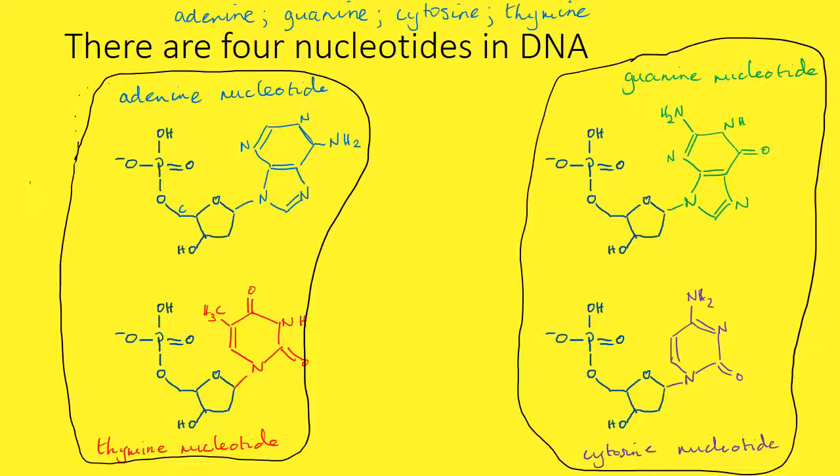But we're going to leave it like that for just now, because first of all we have to work out how they form polynucleotides. So at the moment they're single molecules, 4 different single molecules that are monomers, but they take part in condensation polymerization reactions to make polynucleotides, and that's the subject of the next slide.